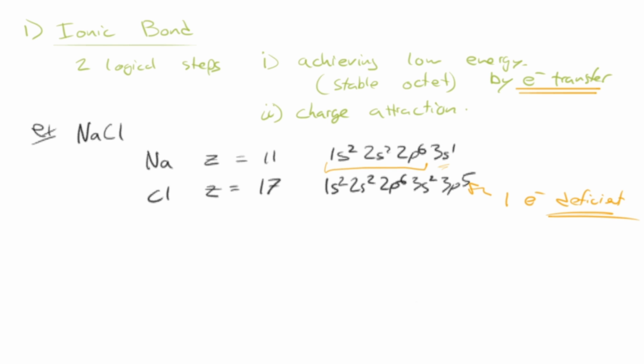And what happens then after that is this. We then have Na plus, it's lost an electron, so it's got a net positive charge, and we have Cl minus, it's accepted an electron to achieve octet stability, and then there's a charge attraction between them. This charge attraction is the ionic bond.